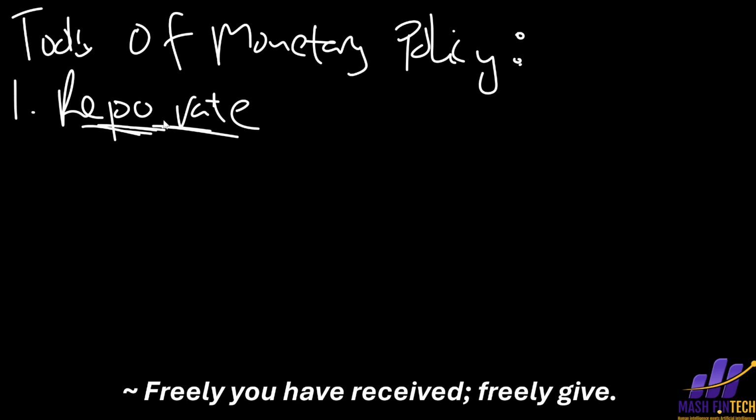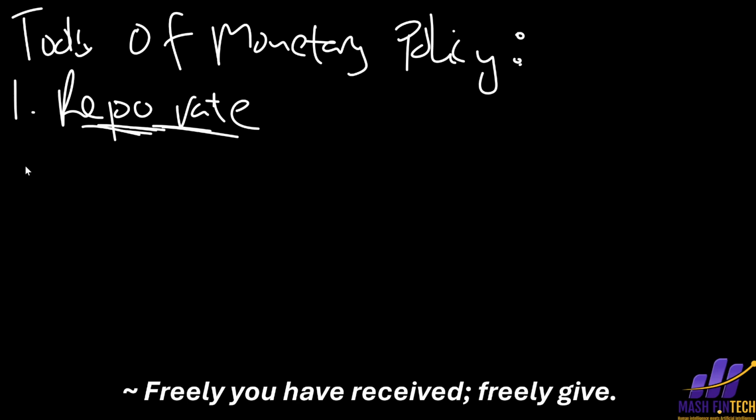So if this repurchase rate is like 3%, it means commercial banks are going to put a markup on the money that they give to their clients, so that they make a profit. So the eventual interest rates charged by financial intermediaries is going to be dependent on the repo rate. If it's an expansionary monetary policy, the central bank will reduce the repo rate.